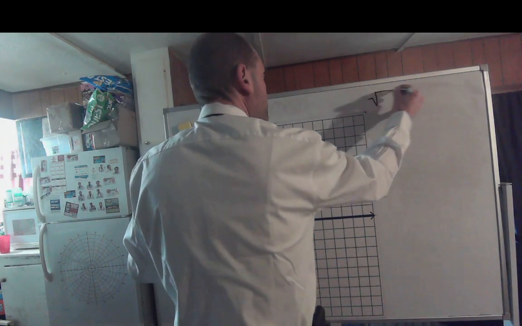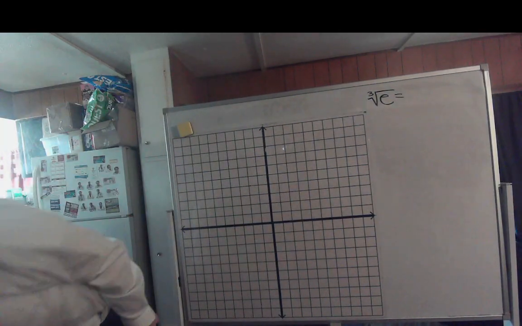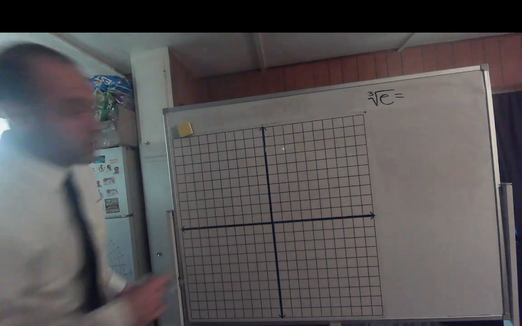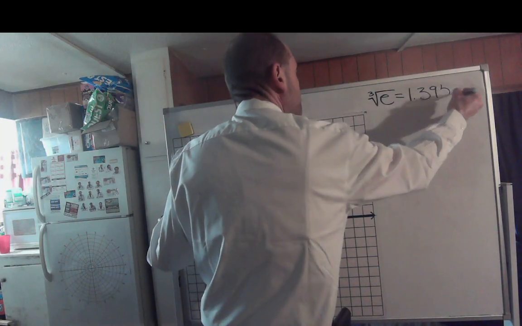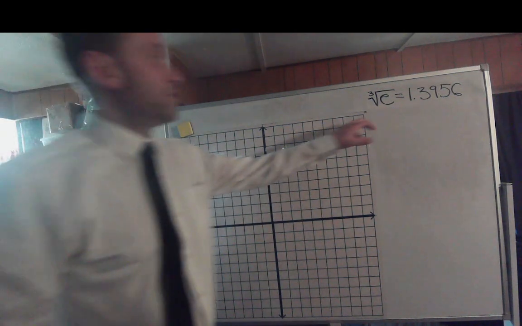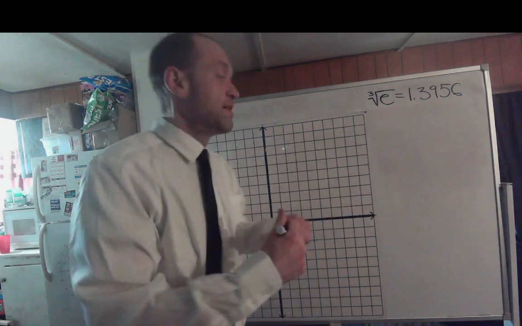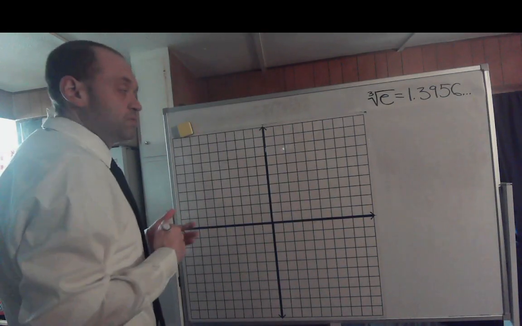Let's do one more. So let's say we have the cube root of e equals 1.3956... How would we convert this into logarithmic notation?